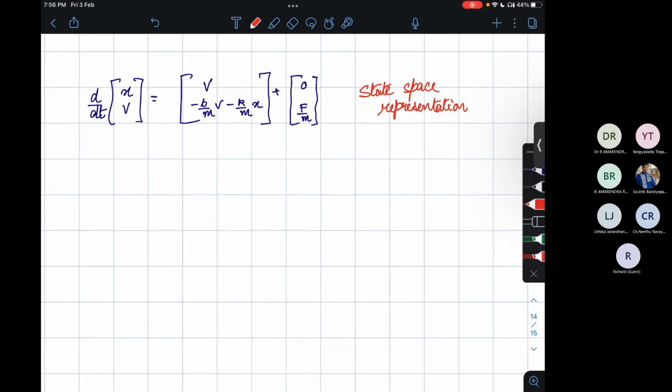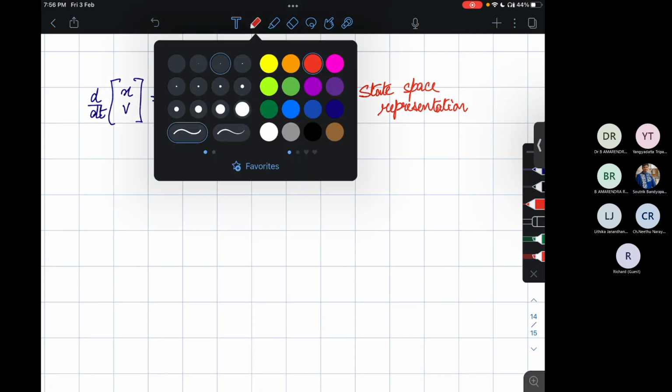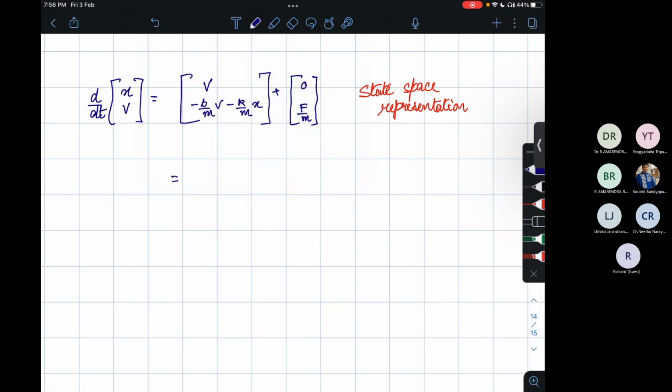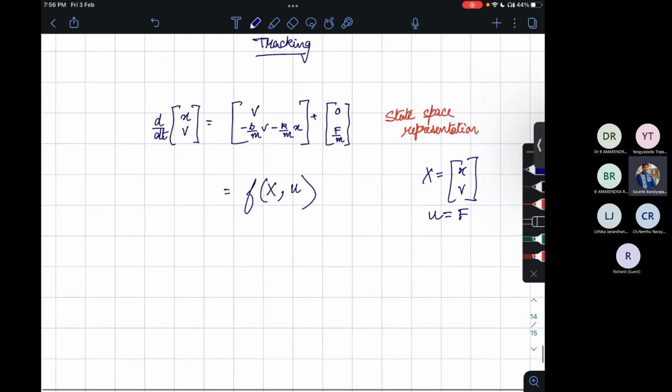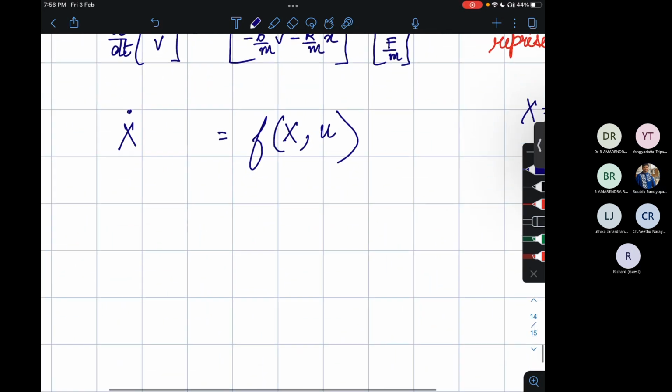So if you look at this, it is essentially a function of state capital X, where capital X is defined as this augmented state x comma v comma u, which is f. So this is x dot is equal to f of x comma u, right?